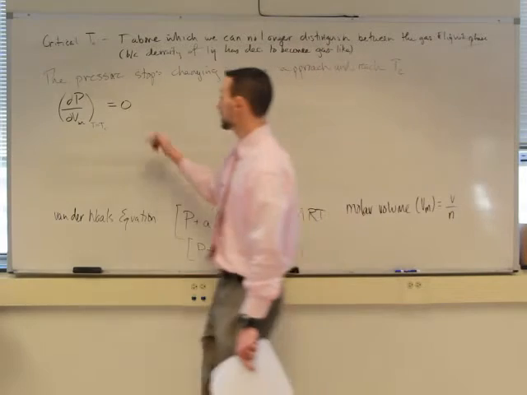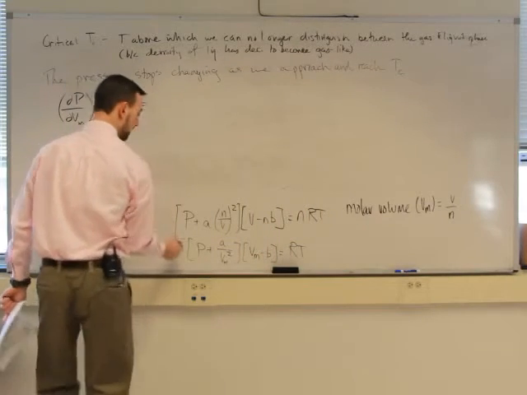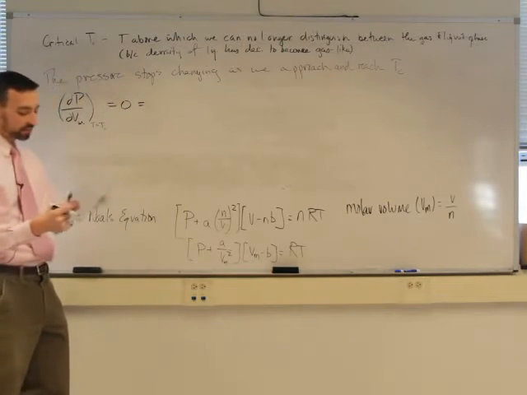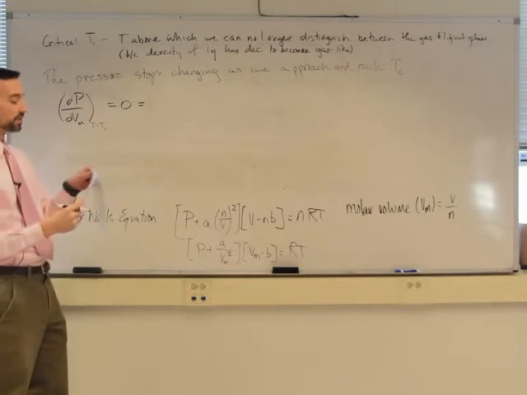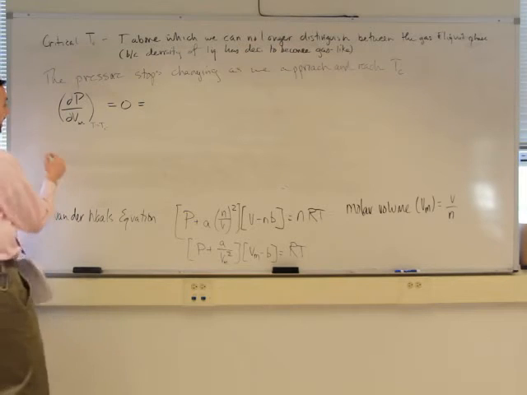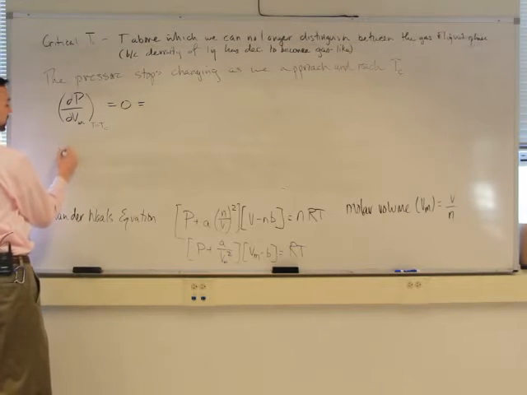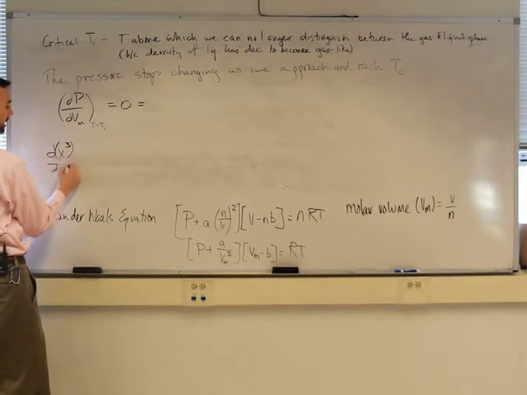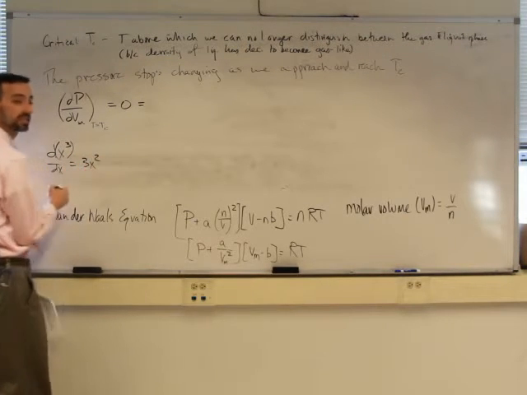To come up with this expression, the first derivative of this expression would be, when you take the derivative, for those of you who have done it, if you had an expression like x cubed, the derivative of x cubed with respect to x would be 3x squared.